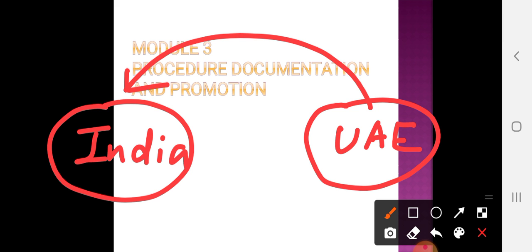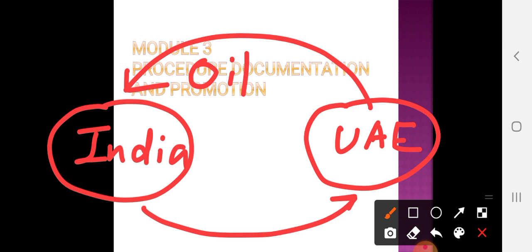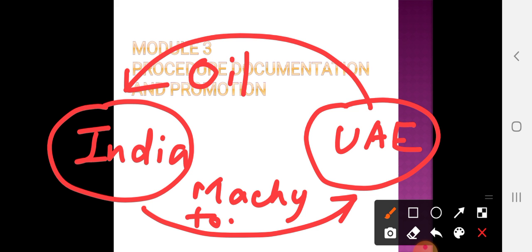India is importing oil. And what kind of product is UAE taking from India? India is supplying them machineries. It can be machineries, or it can be different food items.